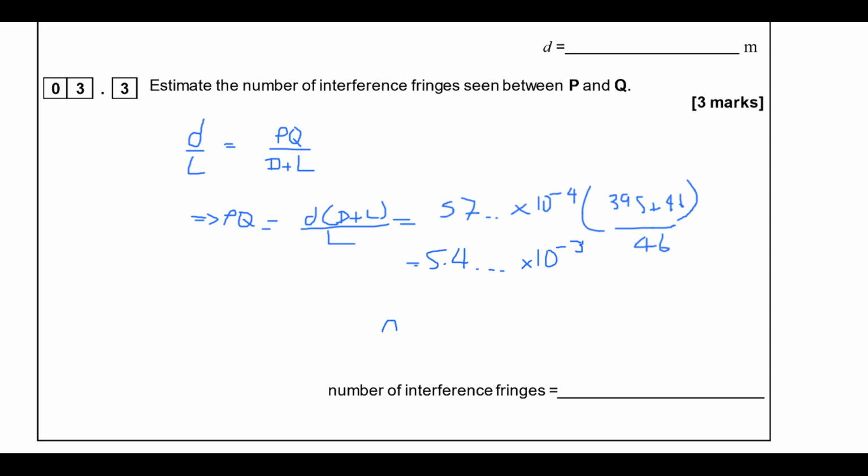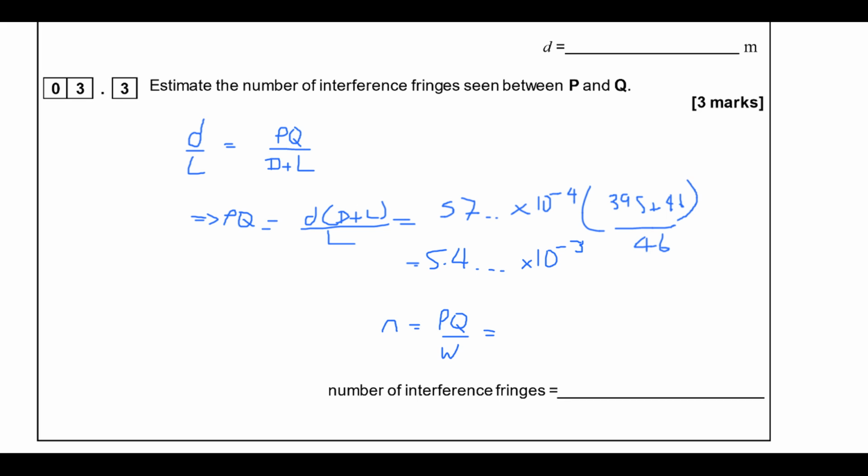So the number we're going to see is going to be PQ divided by the spacing between them, which was 0.408, and then times by 1,000, because it was in millimeters for that one.